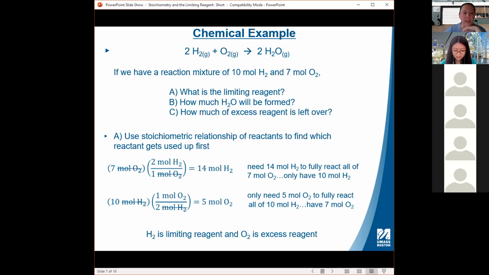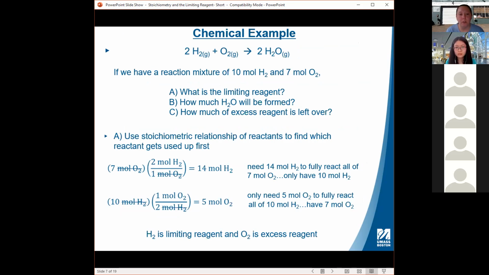Okay, so here we have another example. Let's take a look at our chemical equation. Again, we're using the formation of water from hydrogen and oxygen. Remember that it takes twice as much hydrogen as it does oxygen to make H2O.